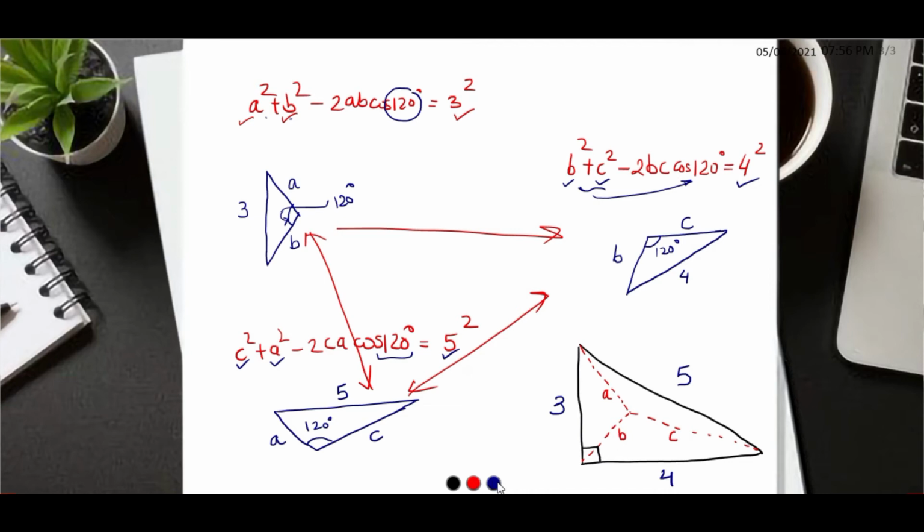See, one important observation is that the sum of the areas of these three triangles is equivalent to the area of the right angle triangle, right? So let us apply this equation.